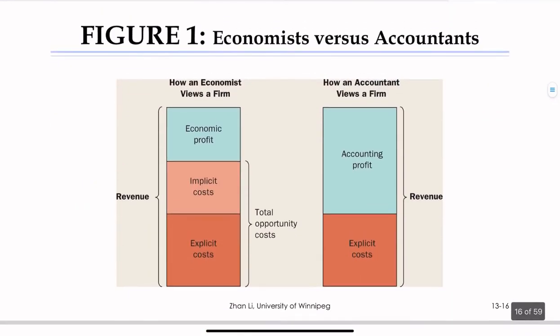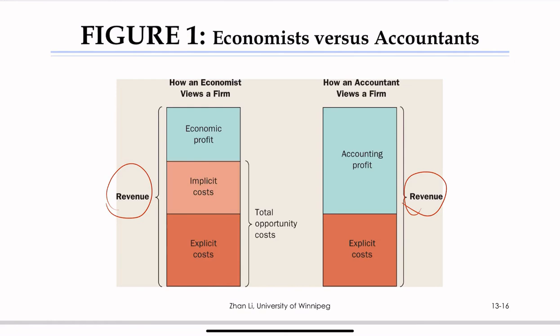So this picture gives us a very clear idea how economists and accountants would calculate economic profit and accounting profit, right? So you can see that the height of these two bars would give us the revenue of the firm.